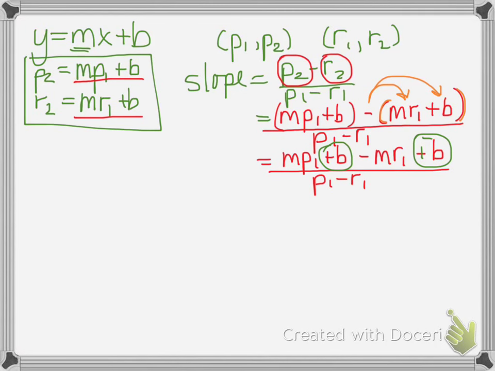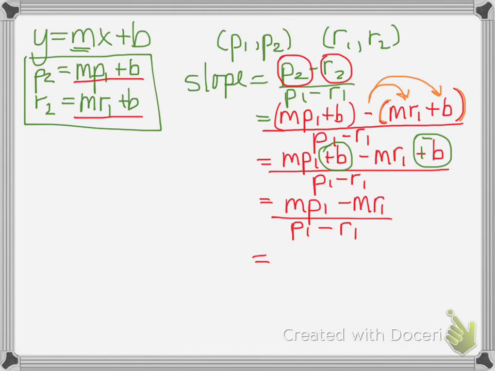So I can simplify this even more. So I'm going to write this as equals m times P1 minus m R1 all over P1 minus R1. Okay, so maybe you can see what this next step is going to be.